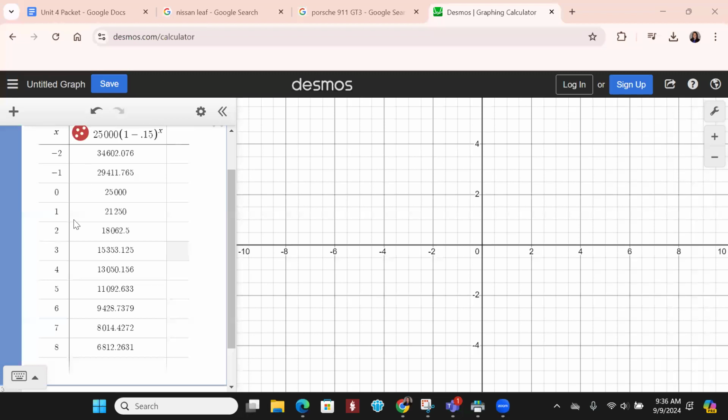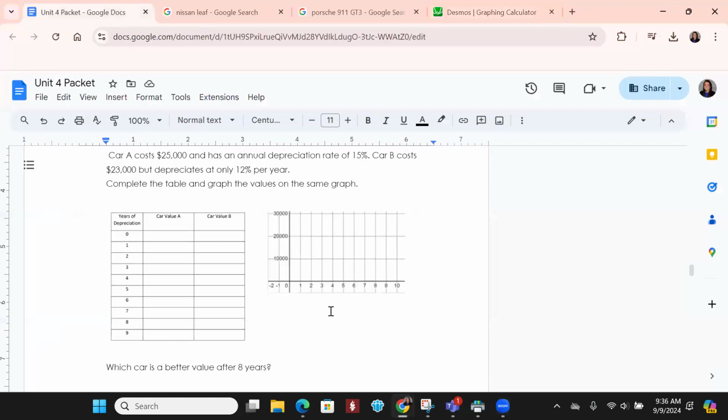So when we plot these, go back to this page. Here are your years down here at the bottom, this is the years of depreciation, and then this is the value of the car in money, obviously. So at year 0, we're at 25,000.